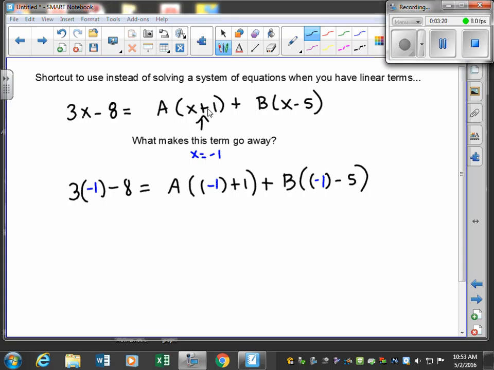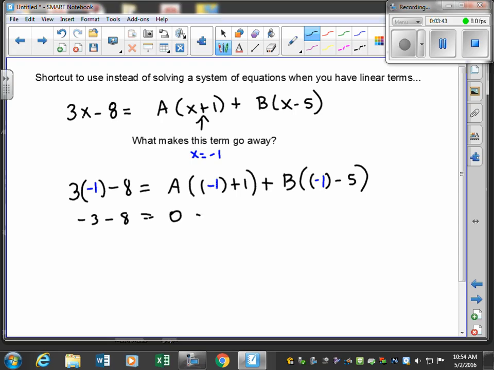Okay, so if I figured out what would make that go away, and then I plug that value in everywhere that there is an x in that original one, then I'm just going to simplify there, and this would be -3 minus 8 is equal to, this is the 0 we were looking for. 0 times A is just 0, so I'll put that as a placeholder. Now over here, what do we have?